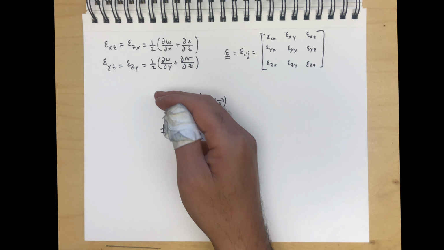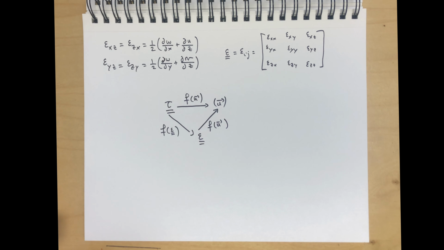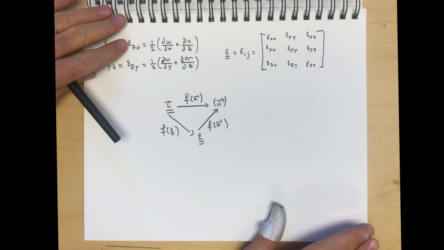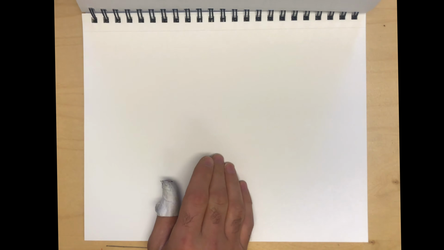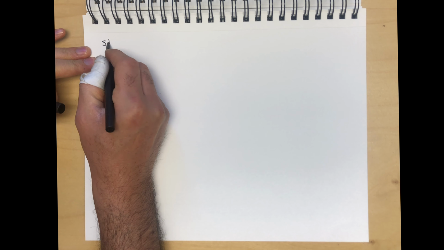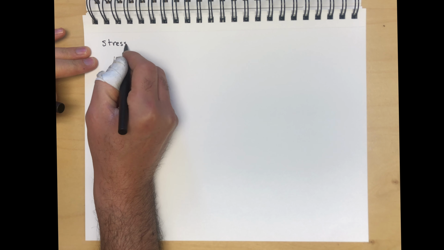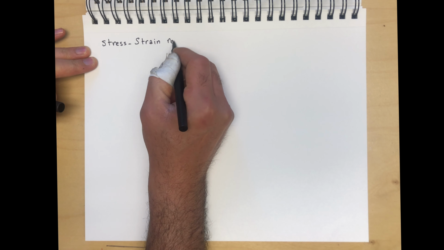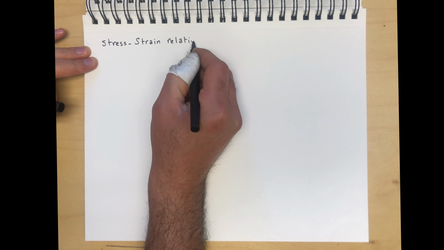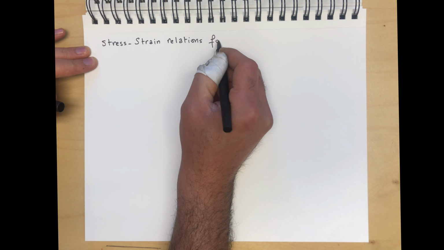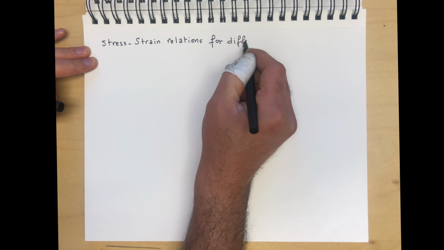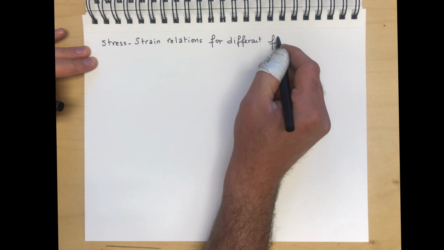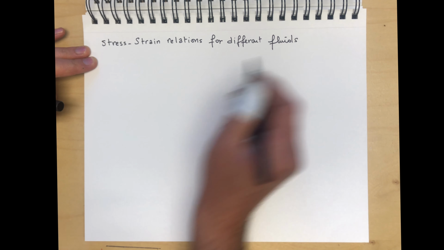So the relation between tau and the strain can get really complicated and is different for different types of fluids. So the stress-strain relation for different fluids.